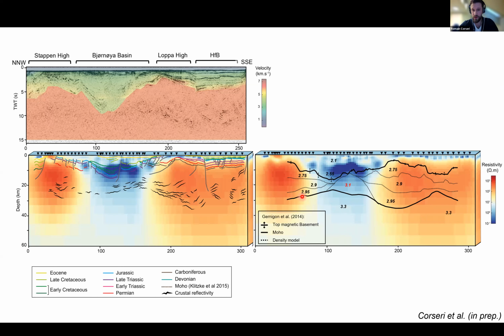At the bottom, this horizon corresponds to the Moho according to gravity data. What's interesting here is that the conductor beneath the basin corresponds to these so-called high velocity and high density zones.